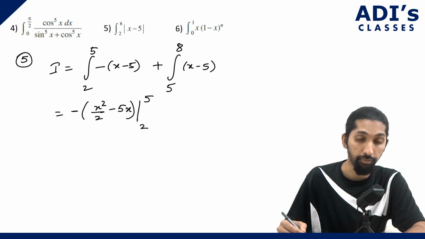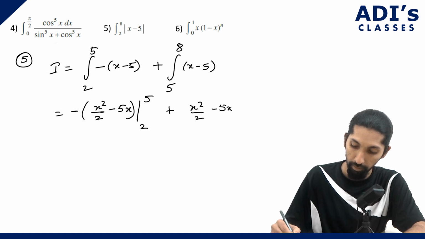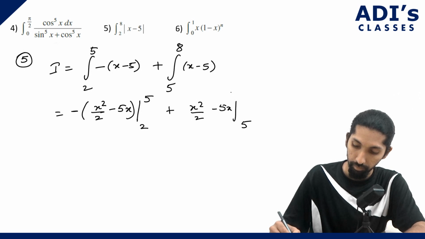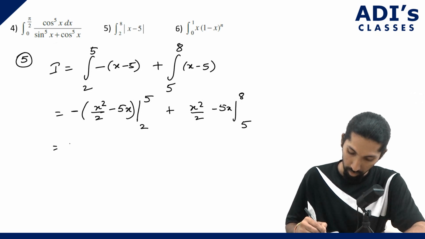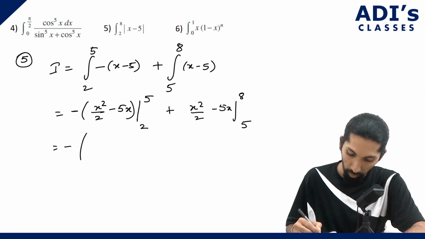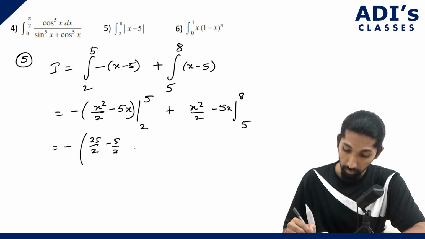This is from 2 to 5, plus x square divided by 2, minus 5x, from 5 to 8, correct? So minus of 25 by 2 minus 5 by 2, this is the first part, minus 5 into 5 minus 2.